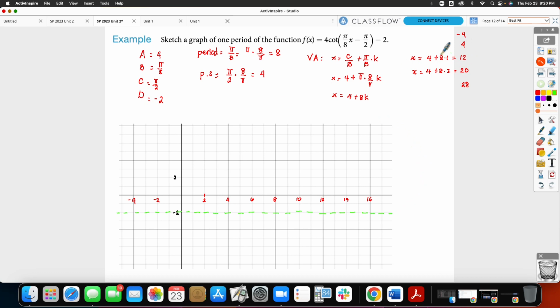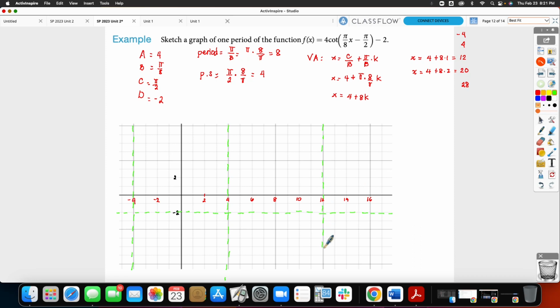So we have an asymptote at negative 4, we have an asymptote at positive 4, then we have an asymptote at 12. So we now have here two periods of the graph.